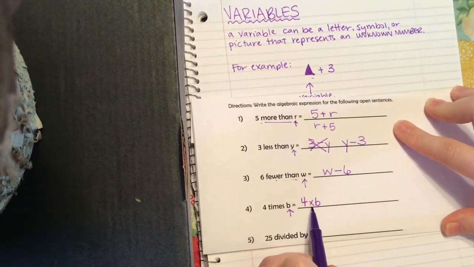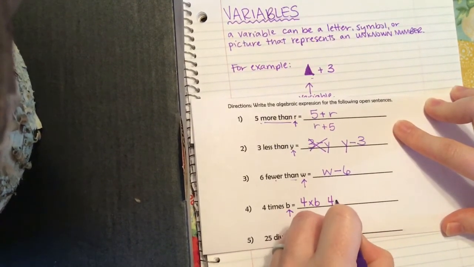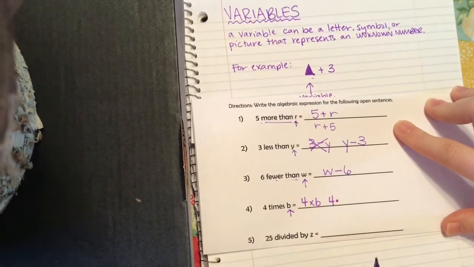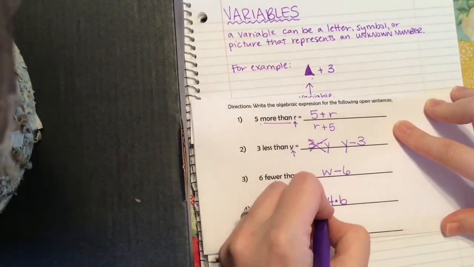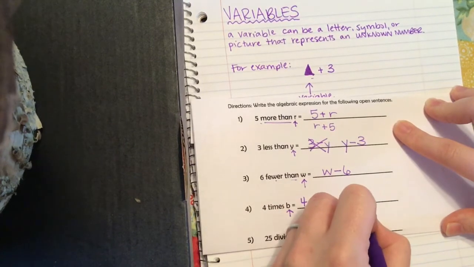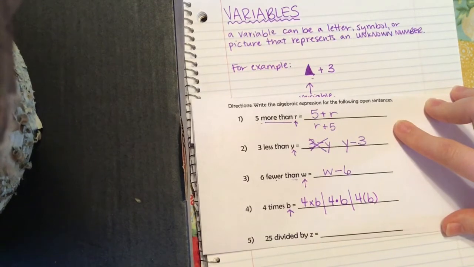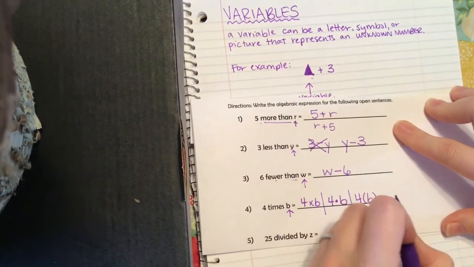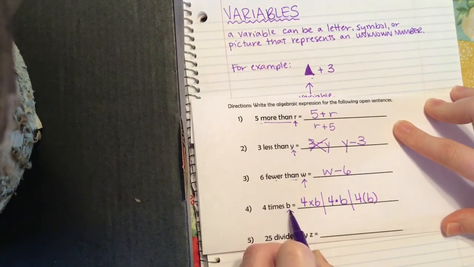So I can write 4 times B, or I also know this circle represents multiplication, so that is also an option. Or I can say 4 parentheses B. These are all ways that I can express 4 times B.